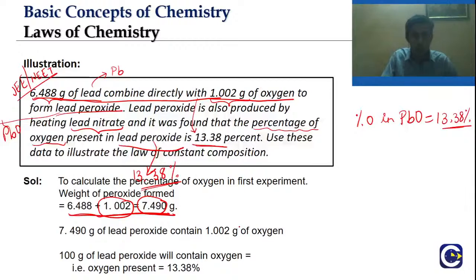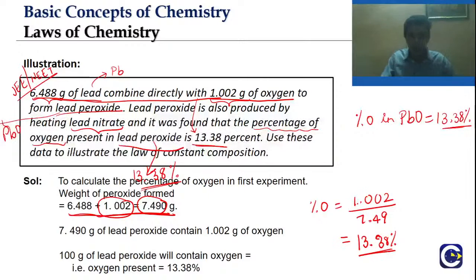So if you want to find out the percentage of oxygen, it will be 1.002 divided by 7.49. How much will this be? This will come out to be equal to 13.38%.